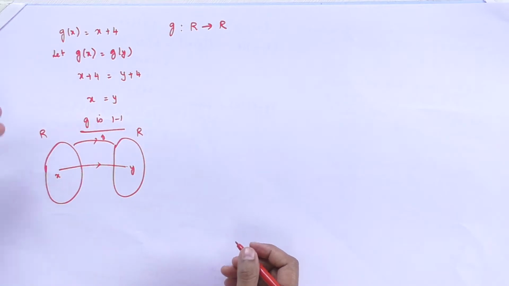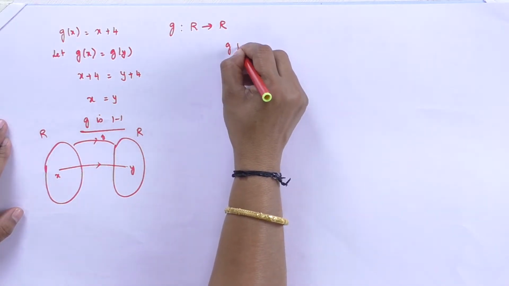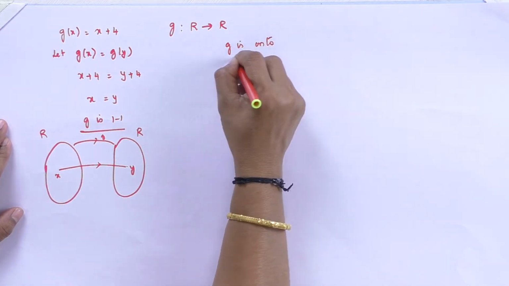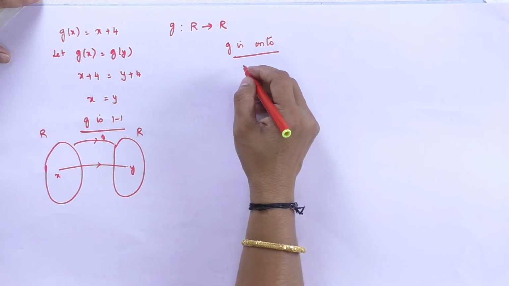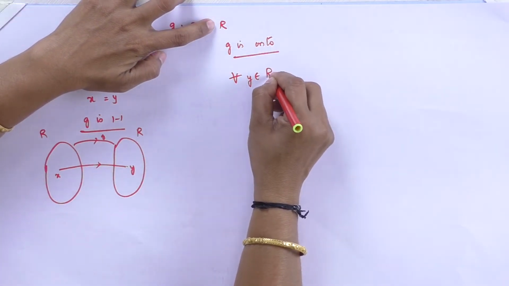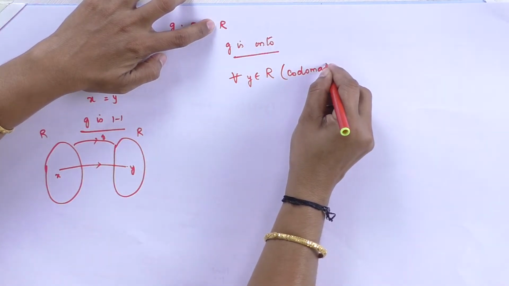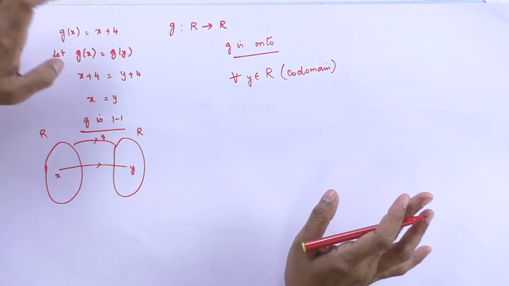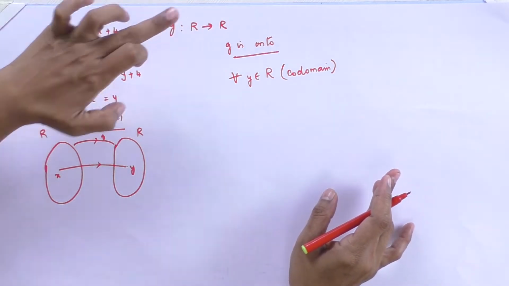And next, how do we prove that it is onto? To check if g is onto, it is defined that for all y belonging to the real numbers, that is the codomain set, there exists an element x belonging to R, the domain set, such that g of x is equal to y. You must be in a position to differentiate between a domain set and a codomain set. The second set becomes the codomain set and the first set becomes the domain set.